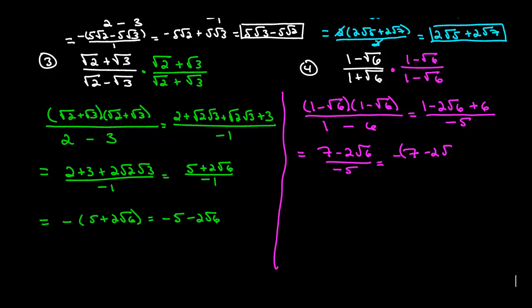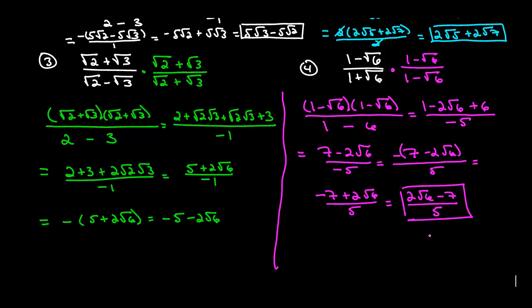So we've got to make sure that we apply it to both terms. So over positive 5. And so that'll become negative 7 plus 2 square roots of 6 over 5. And a lot of times we'll write that in this order right here. So there's our final solution.